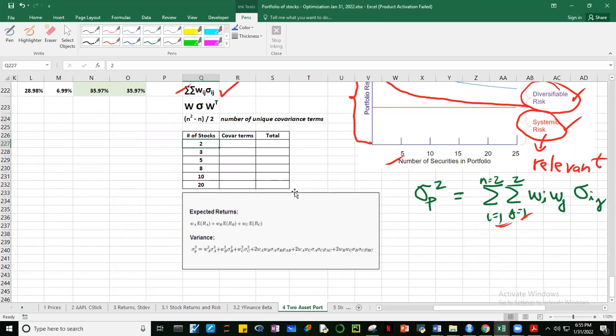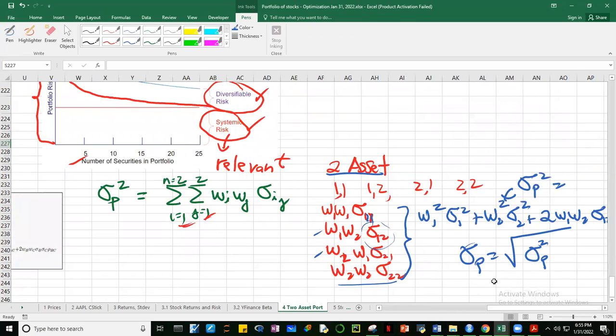So pag two-asset portfolio, dalawang variance, di ba? Variance ng 1 at saka variance ng 2, at saka yung covariance, ilan siya? Ang formula, n squared minus n over 2. So that will be n squared minus n, divided by 2. And that will give us 1. Tama, di ba? Isa lang yung covariance natin sa formula dito.